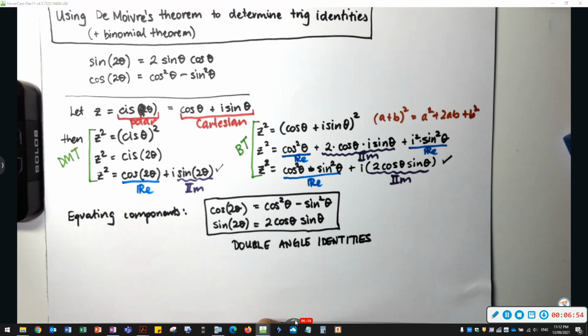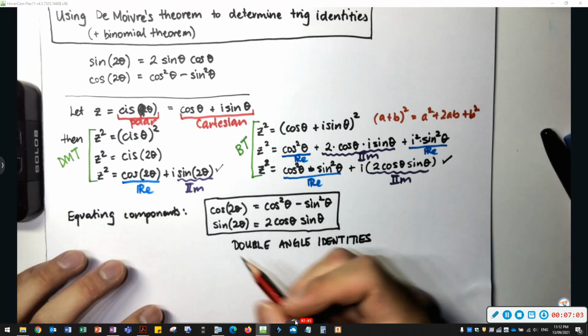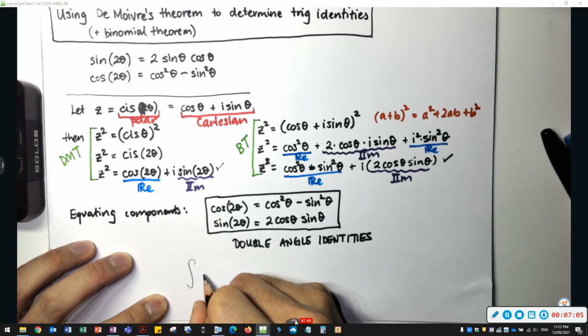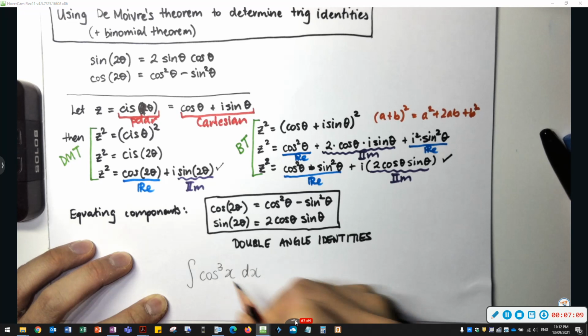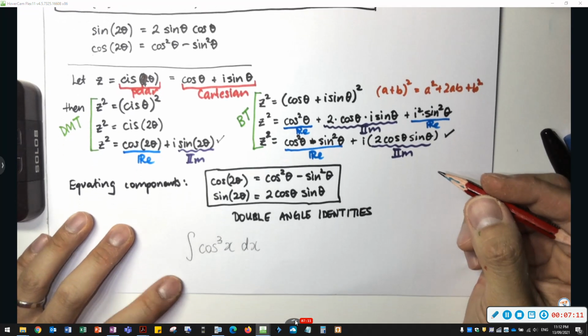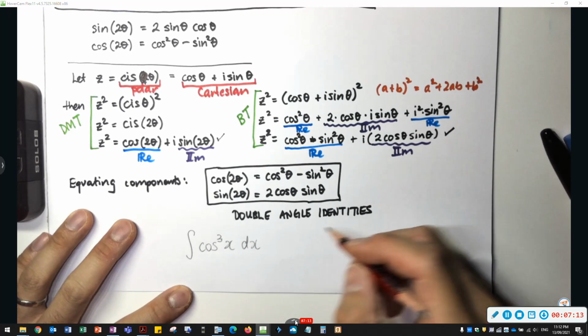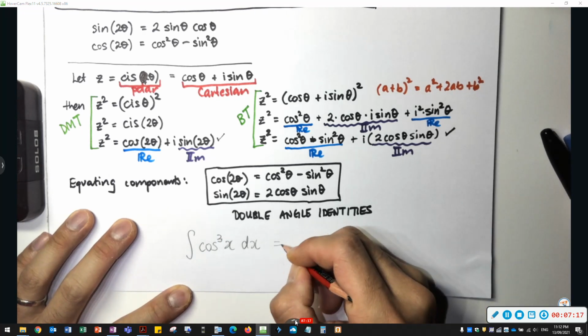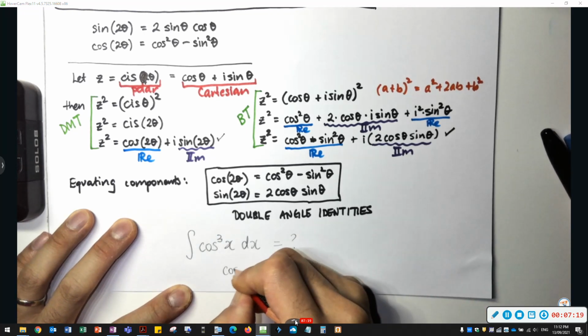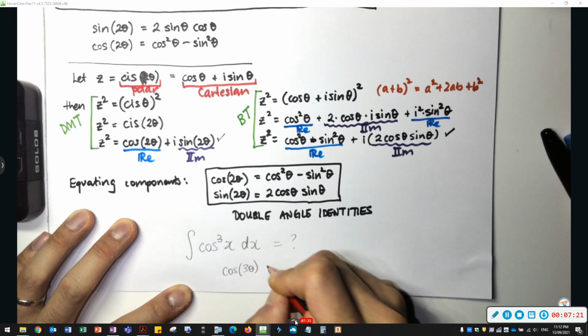As a consequence, you could also integrate functions that have cubes in them. Just mentioning quickly, the integral of cos cubed x dx can't be worked out easily, and there's no identity for it. If only there was something with cubes that I could use. And yes, there is some relationship to cos 3 theta.